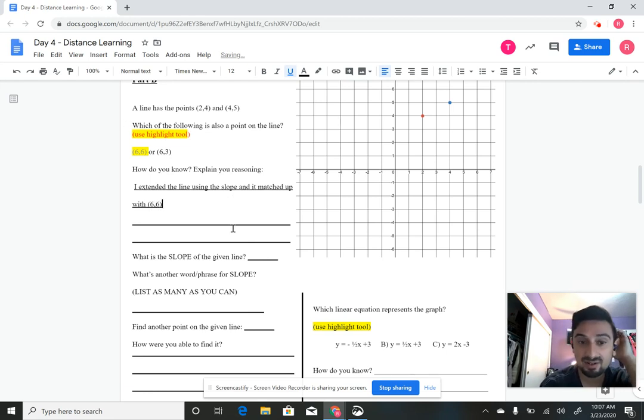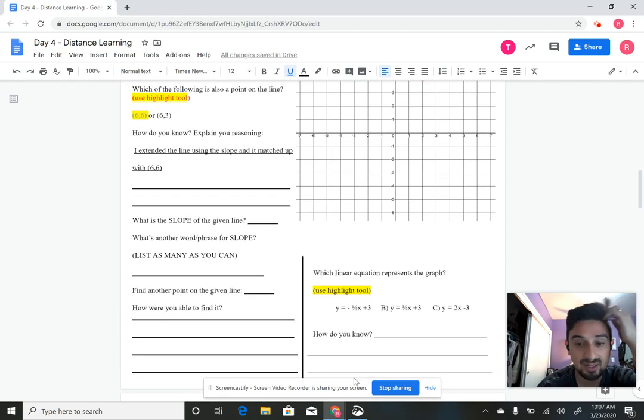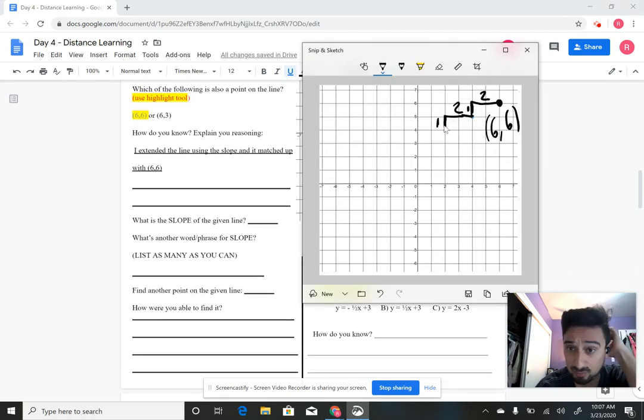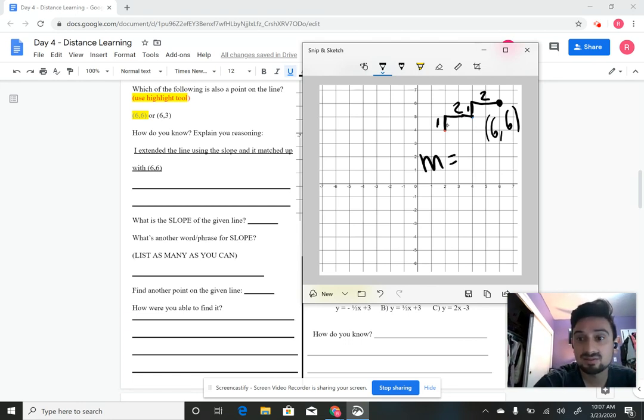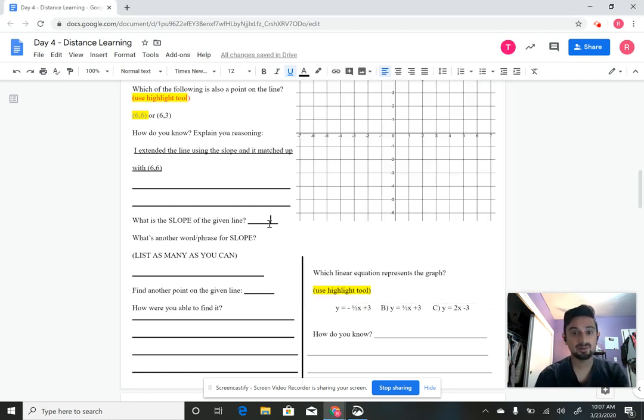So now from there, what is the slope of the given line? We calculated there. We can see the slope is rise over run. In this case, the rise is 1, and the run is 2, so it'd be 1/2 here. The rise is 1, 1 over 2. And now from there, we're going to put 1 over 2 here.